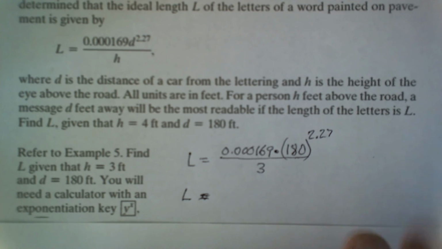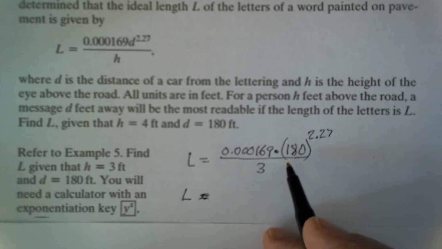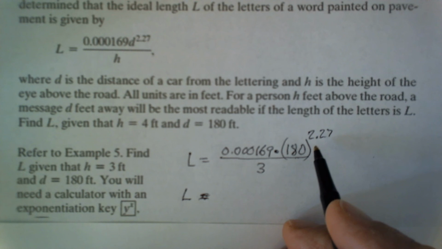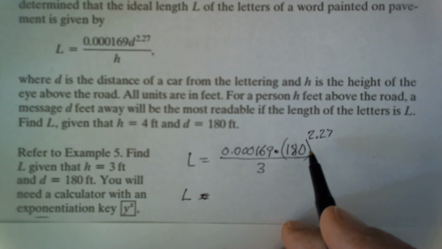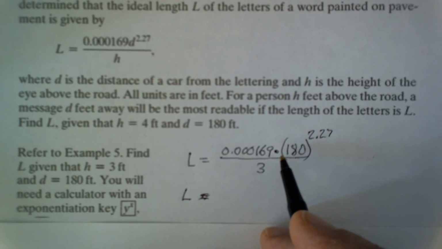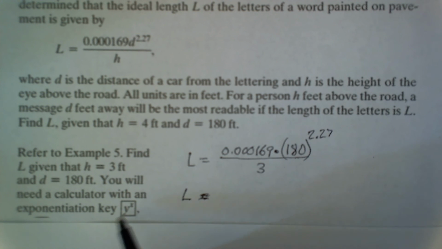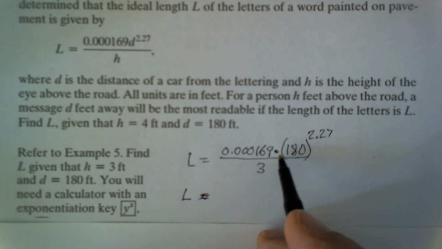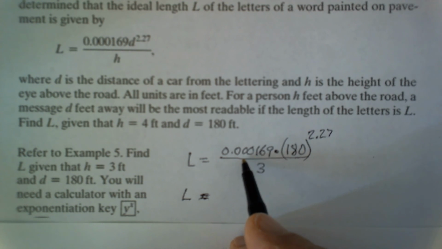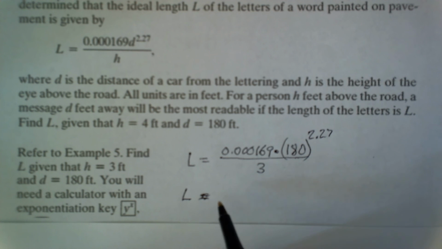So we evaluate this expression by raising 180 to the 2.27th power, and you can use your scientific calculator, it has exponentiation, and the iPhones have an exponentiation key, and I think the Android phones also. Then we multiply that result by 0.000169 and then divide it by 3, and the result is approximately equal to 7.4 feet.